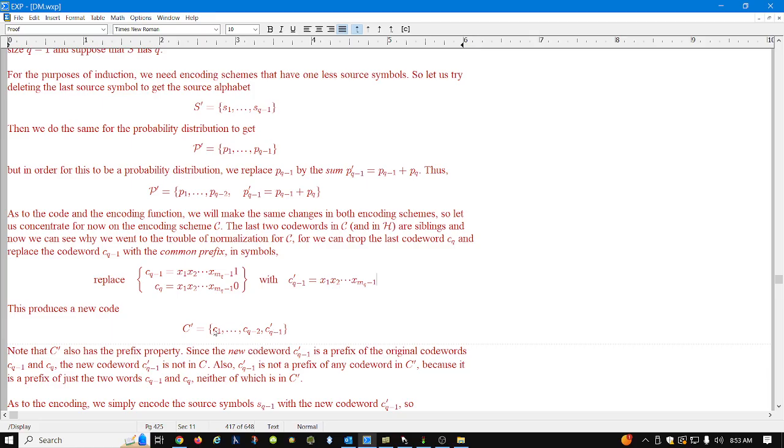That's to say, it's not one of these other code words in C prime. So, in short, C(Q minus 1) prime is a new code word.